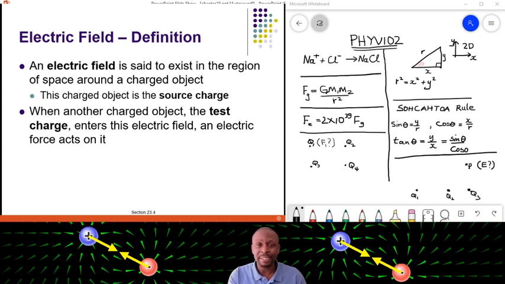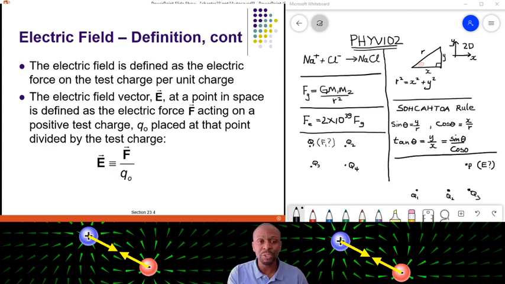This charged object is the source charge. Now, when another charged object, or the test charge, enters the region of an electric field, an electric force acts on it. I will just show you. By definition, the electric field is defined as the electric force on the test charge per unit charge.